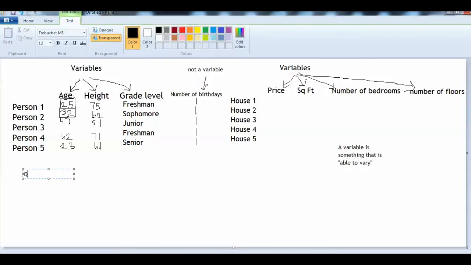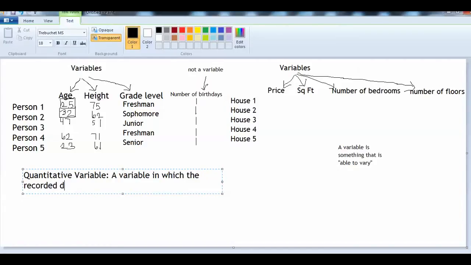So what is a quantitative variable? A quantitative variable is a variable in which each recorded data value stands for the number of something or the amount of something, meaning a quantity.